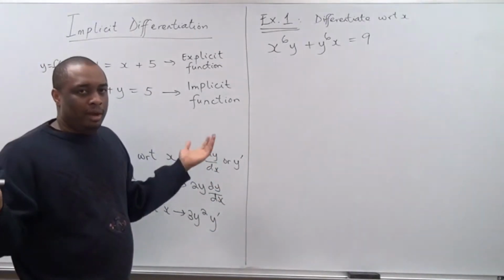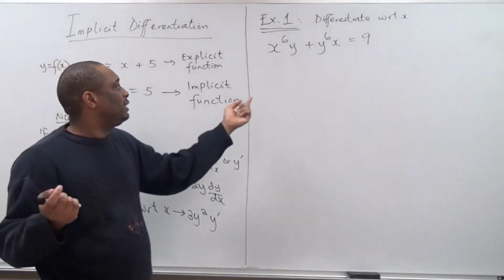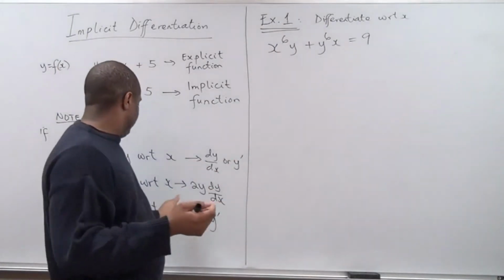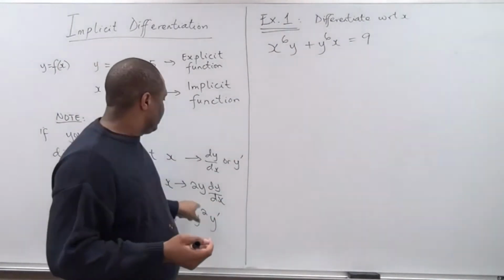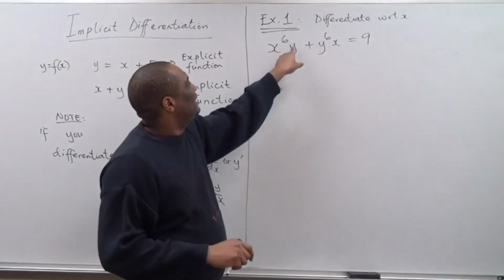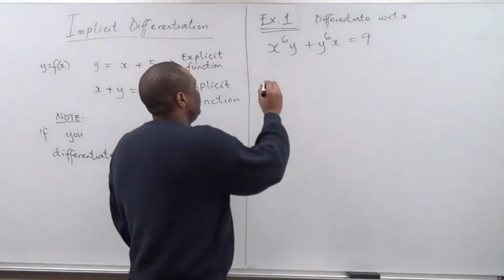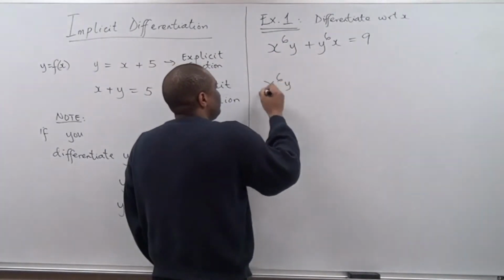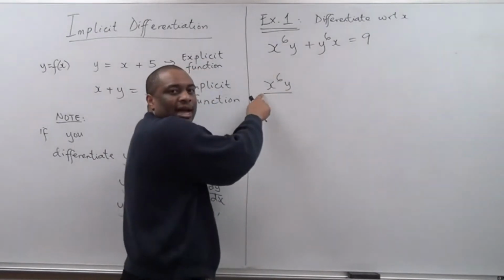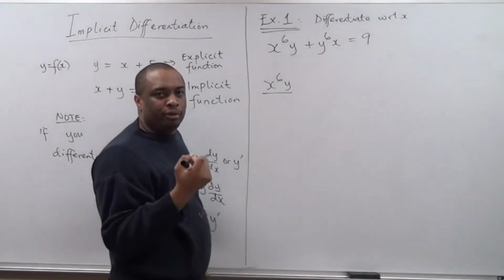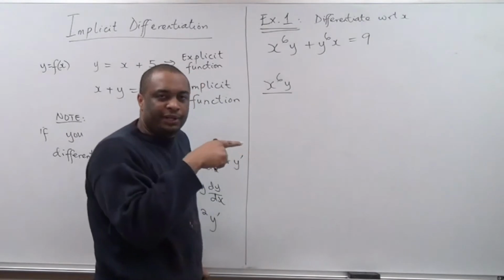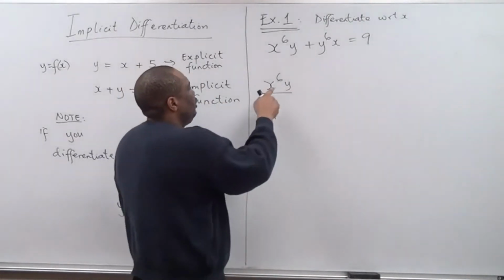We do it like we do the normal differentiation, but we have to keep in mind this note. Now if you look at x^6 times y, for instance, let me just do this one at a time. If you want to differentiate this term, remember the product rule. Refer to the previous video about the product rule.